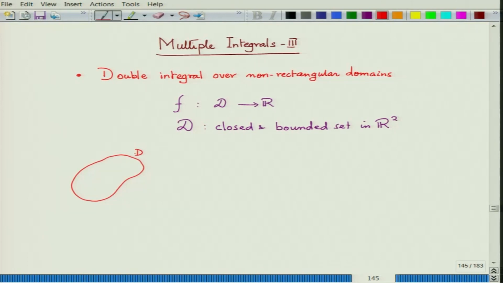how do you integrate? How do you make the grids and all those things that you could do for the rectangular case? The idea is to make an extension of the function. So, how do you extend the function?